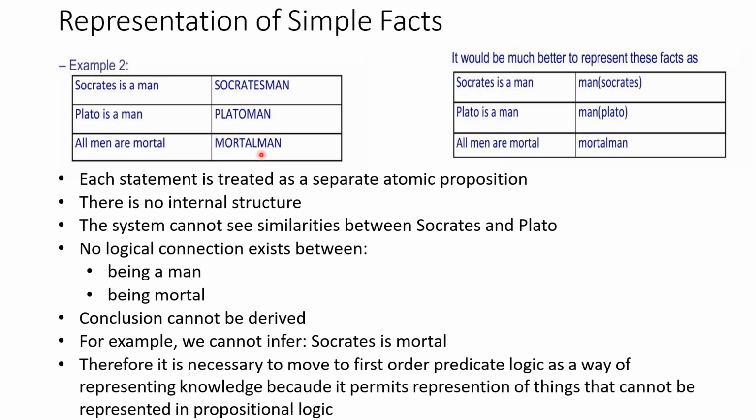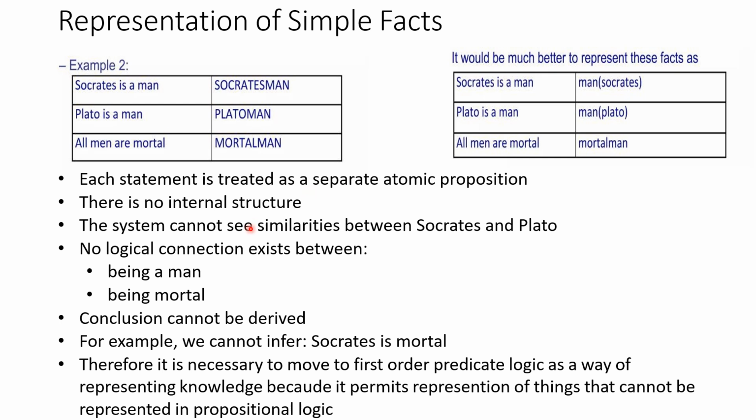So, in propositional logic, each sentence is treated as a single symbol. The system does not look inside the statement. Here, each statement is treated as an atomic proposition, separate. So each line is independent. The system thinks these are completely unrelated facts.